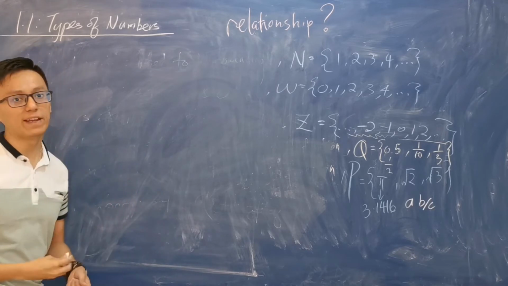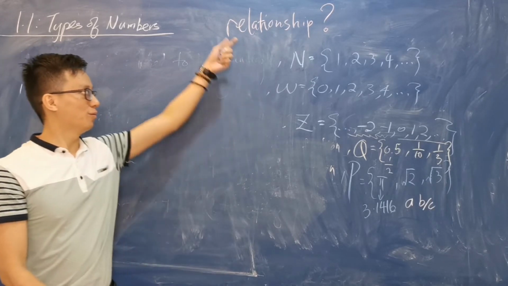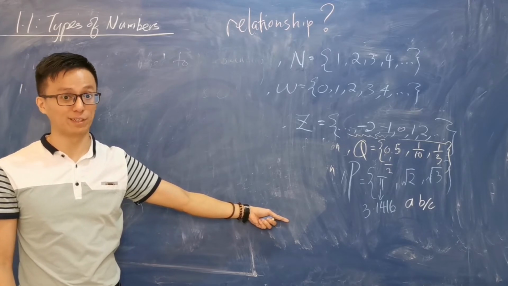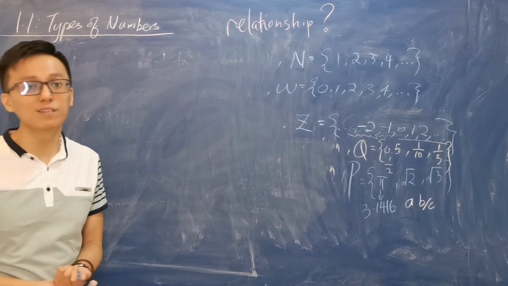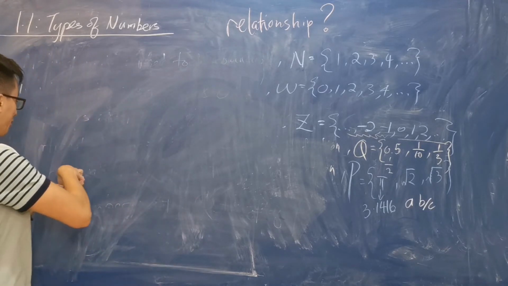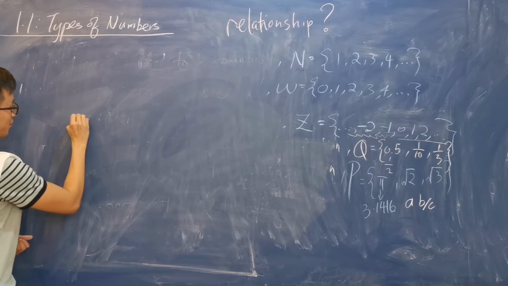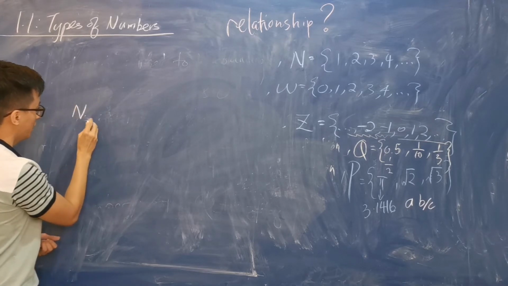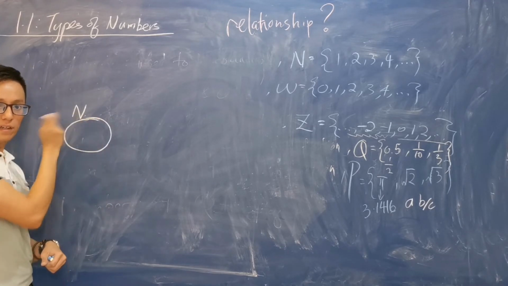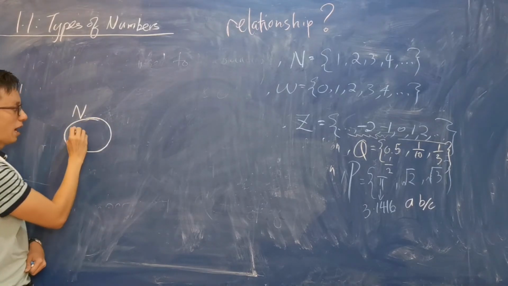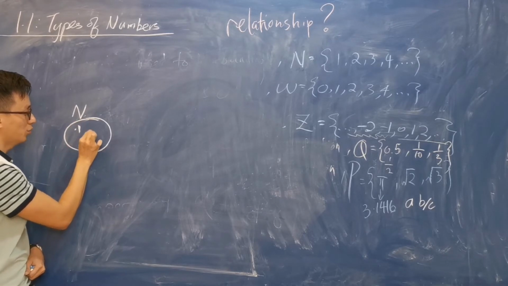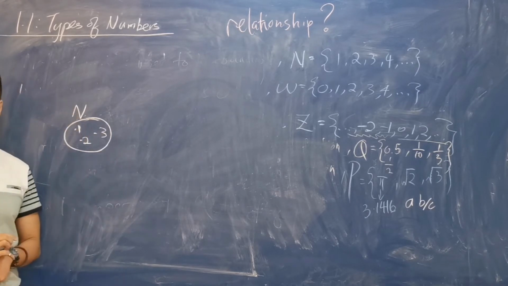I would like to use the Venn diagram to represent the relationship of all these types of numbers. So, how are we going to draw the Venn diagram? I will start from natural number n. In the set of natural number, I just put 3 elements inside. I put 1, 2 and 3.